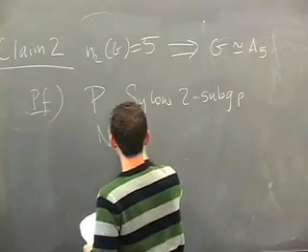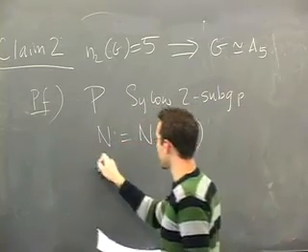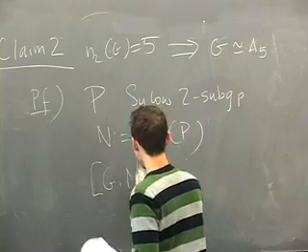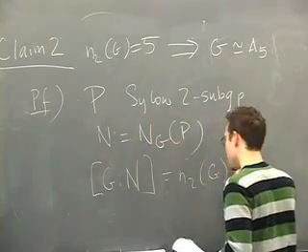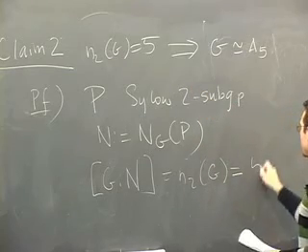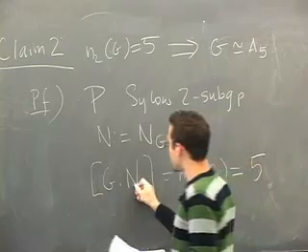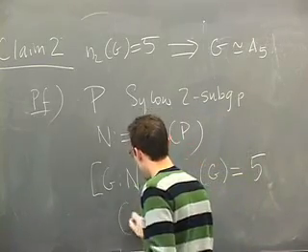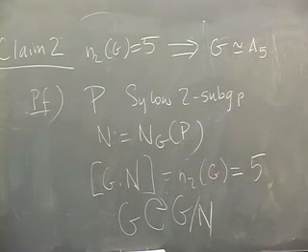We're going to let N be the normalizer of P in G, and as mentioned several times before, the index of N in G is n2 of G, which is by hypothesis 5. So we have this index 5 subgroup. And again, we have an action of G on the coset space G mod N.